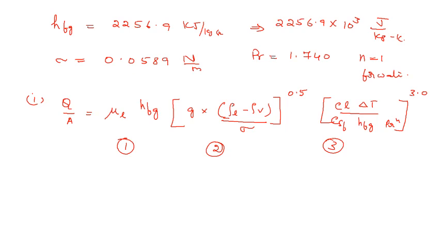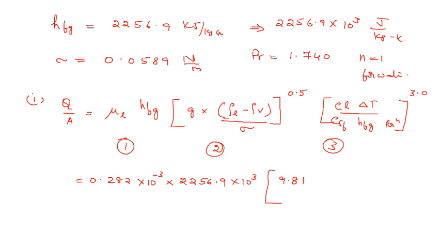So, substituting the values you have already taken, for the first term it is 0.28 into 10 to the power minus 3 into HFG, that is 2256.9 into 10 to the power 3. So the first term is finished. Then the second term, let me write in a bracket so that we can differentiate very easily.